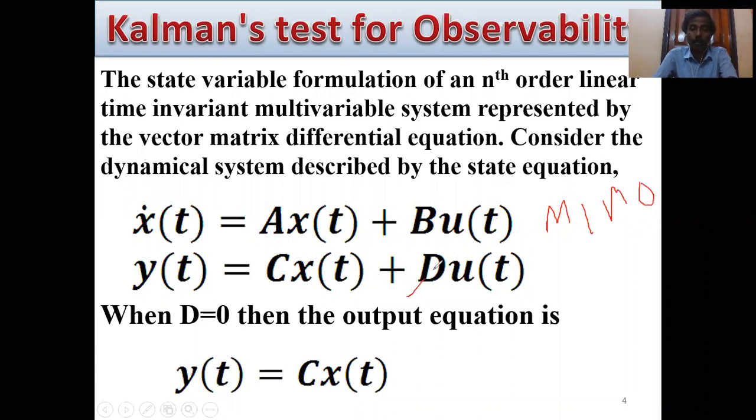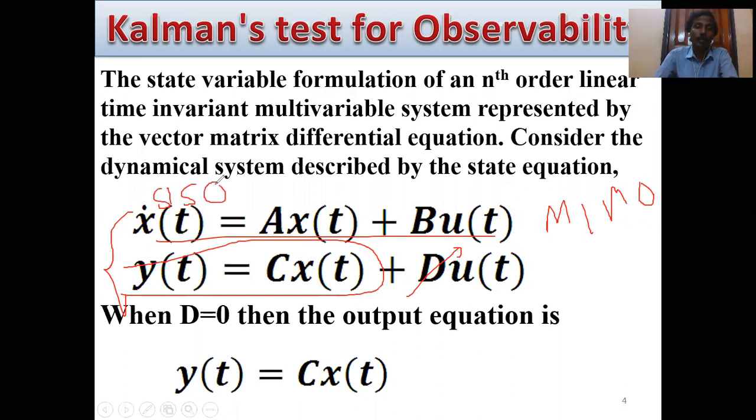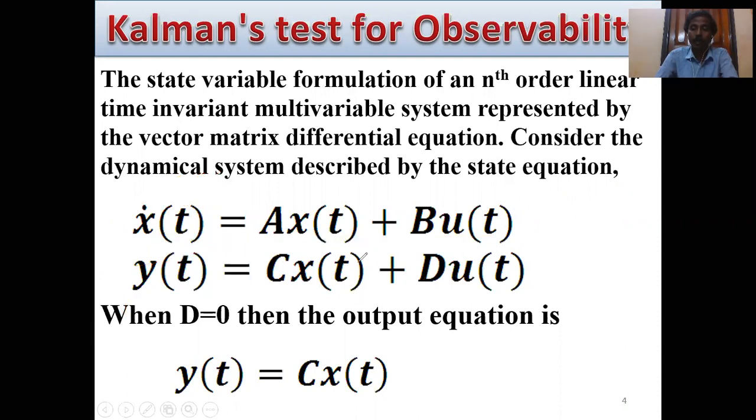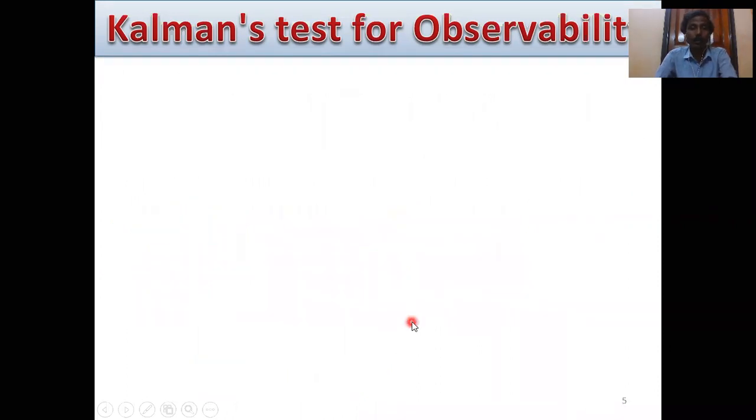But when D equals 0, x dot of t equals A x of t plus B u of t and y of t equals C x of t, these two equations are called a SISO system, that means single input, single output system. This is the basic concept.